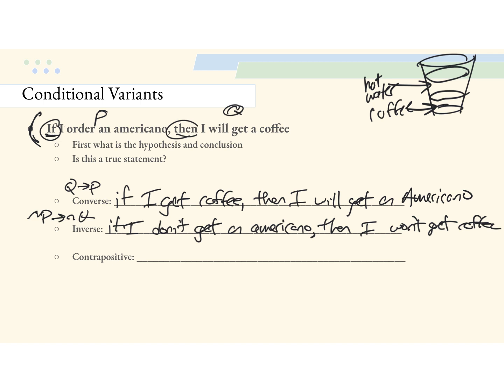And that's it. So notice how I didn't really change the sentence all that much. I just put nots in both sides. If I don't get an Americano, then I won't get a coffee. That's it.